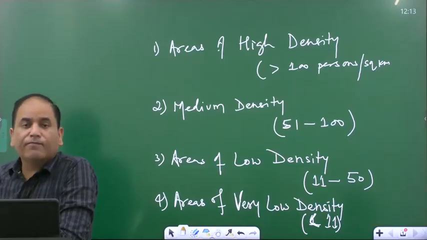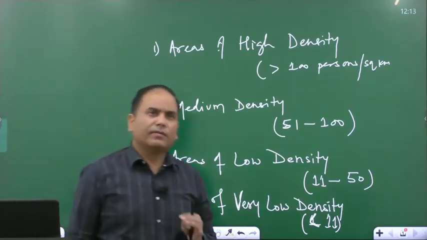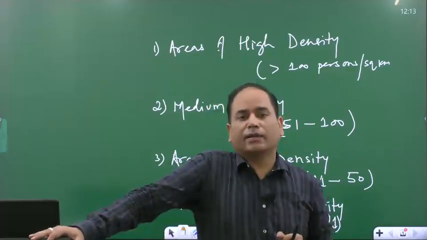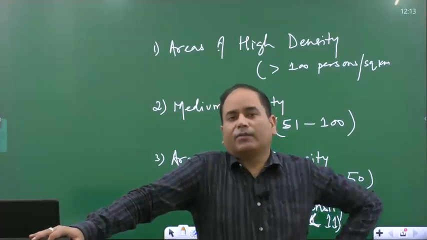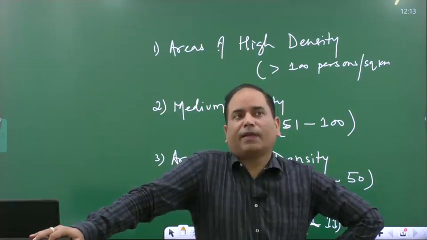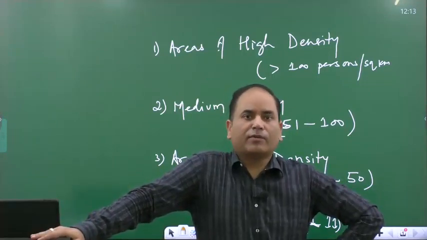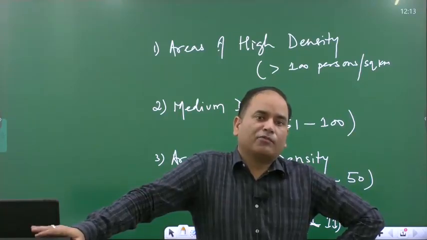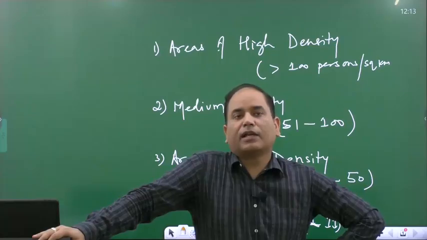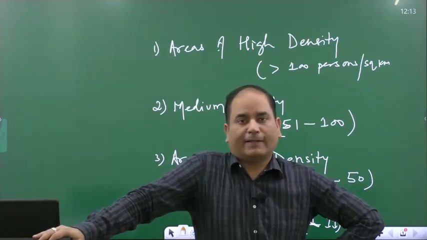Population density in general, before noting it down, tell me at the continent level where you will have high population density. Asia is one of the areas. Any other region? What about Africa? In Africa do we have high population density or low or moderate? Why?